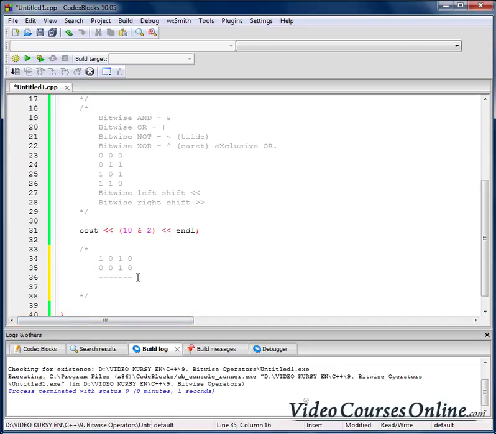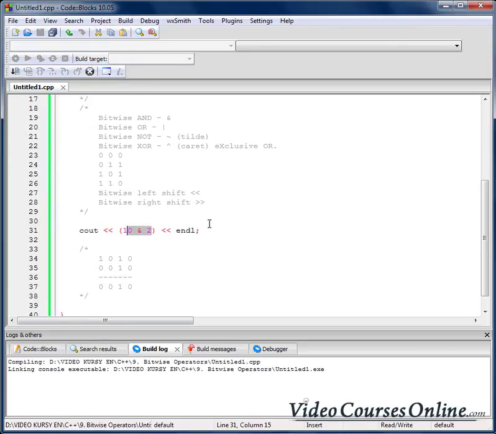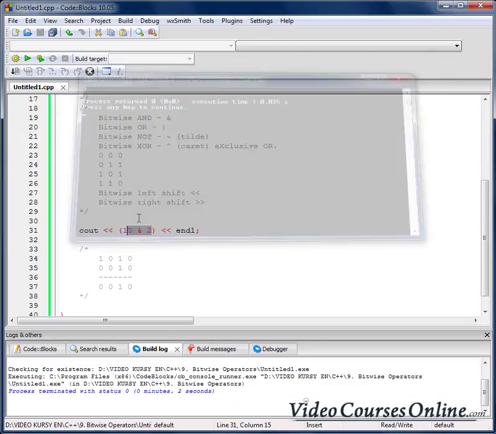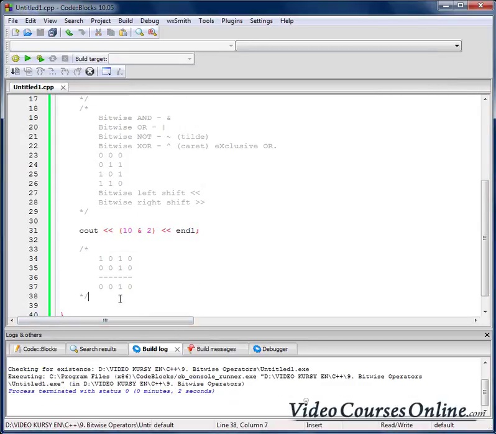So the conjunction is true only when both arguments are true. So 0, 0, and this one is 1 because we have true, true, and 0. So what is going to be here? It should be 2. As you can see, the result is 2.